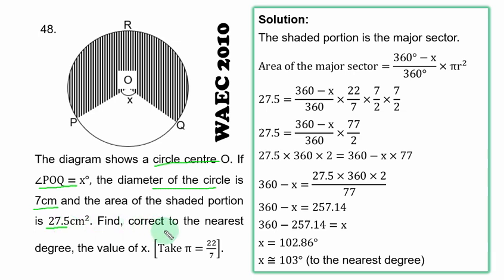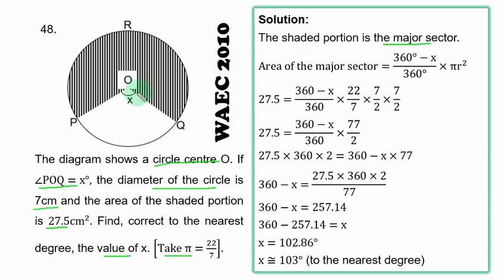Find, correct to the nearest degree, the value of S. Take pi equal to 22/7. Solution. The shaded portion is the major sector.